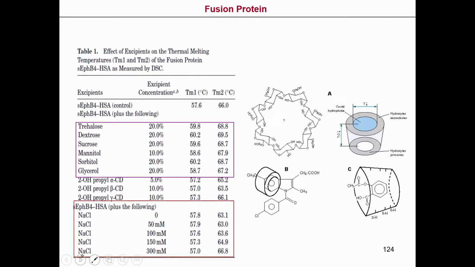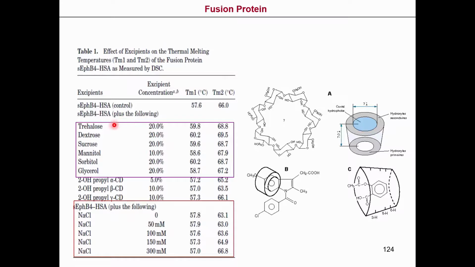So you can see in this table the effect of excipients on the thermal melting temperature. TM1 corresponds to SEPHB4, and TM2 corresponds to the melting temperature of HSA, the albumin.